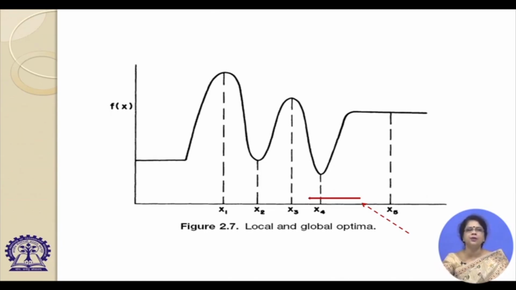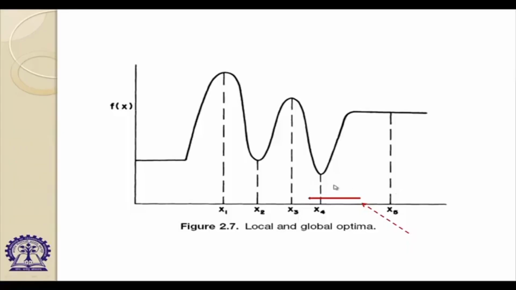That is why you need to decide two things: from where I will start to get the optimal point on the real line, and not only that, how long shall I move so that I won't miss the optimal point. I will get the solution exactly, even if it is local. Sometimes I have to be satisfied with local optimality, because as I told you, local optimality in many cases serves the purpose.